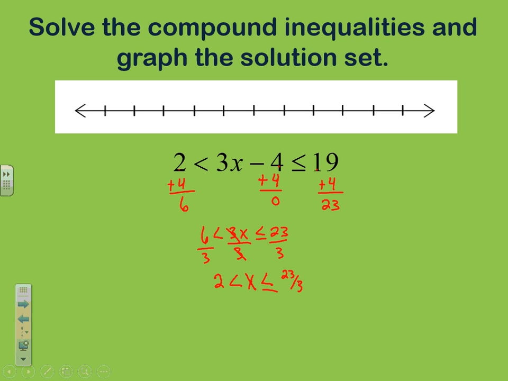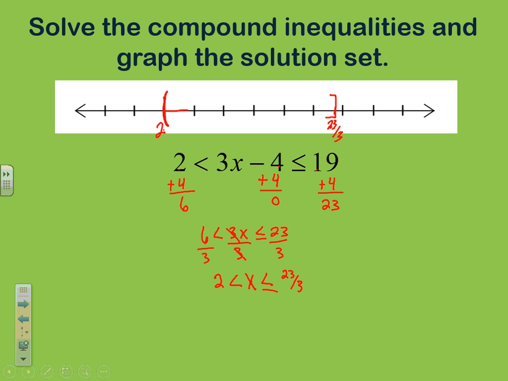Here, let's just say that this is 2, and let's say about here is 23 over 3. According to the inequality symbols, here I'm going to have a square bracket, and at the 2, I'm going to have a curved bracket. Since x is greater than 2, from the 2, we're going to go to the right, which is why we open the bracket going in the direction that x is going to be greater than.